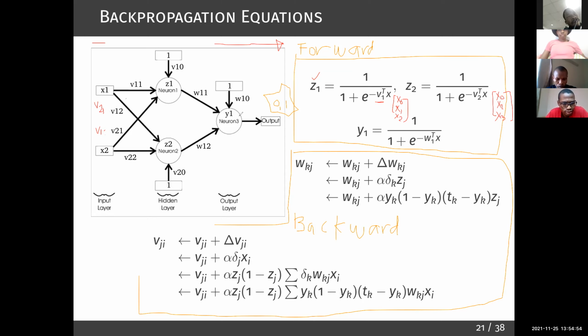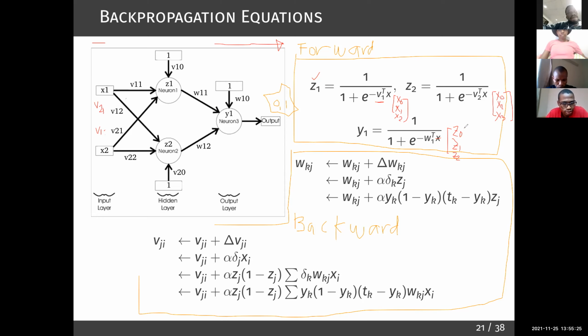Now our output y1. For output y1, we have weights w10, w11, and w12. Your input here is the z, so it should not be x, but z0, z1, and z2.